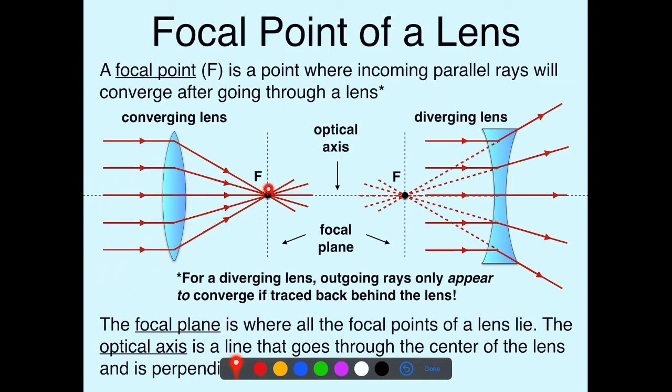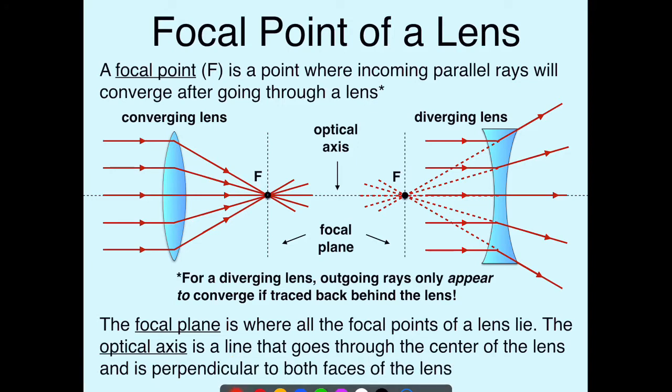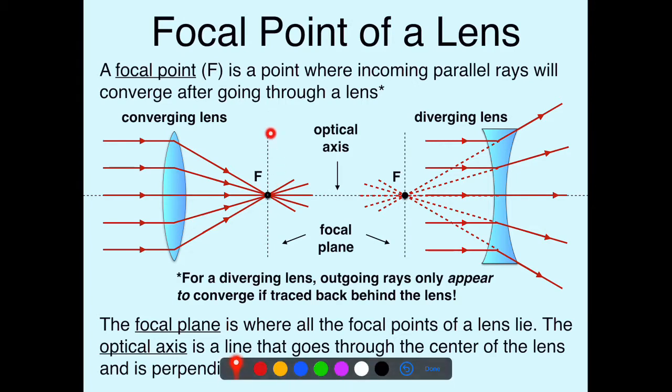Well, then they would focus somewhere else. They might focus up here or down here. And in general, the focal plane is where all of those different focal points of the lens will lie, okay? That's what we call the focal plane of the lens.